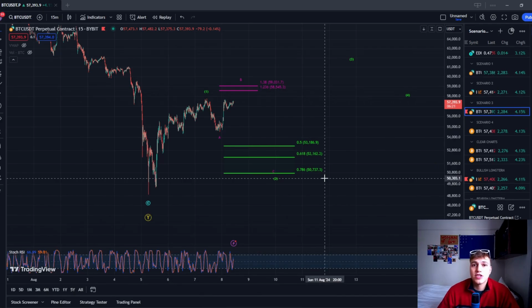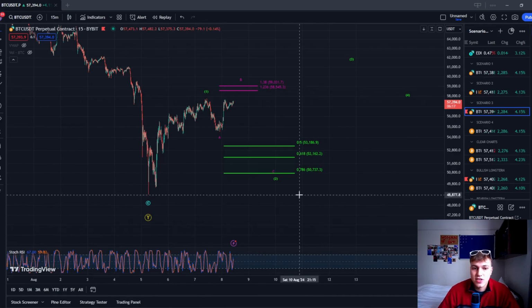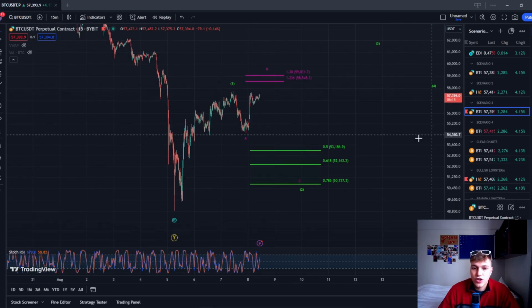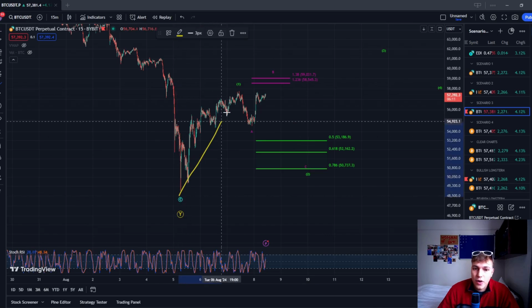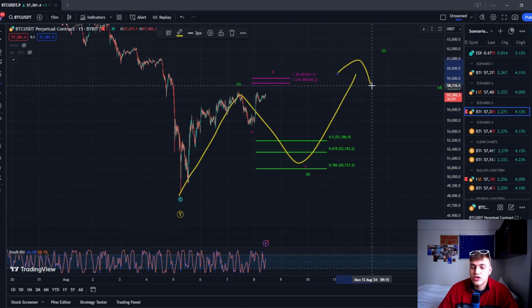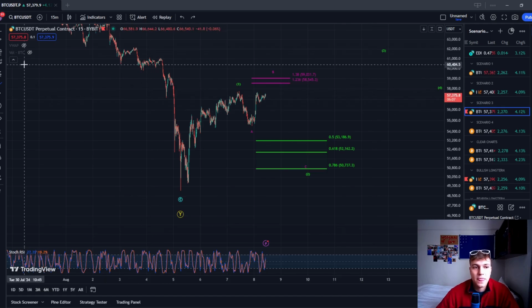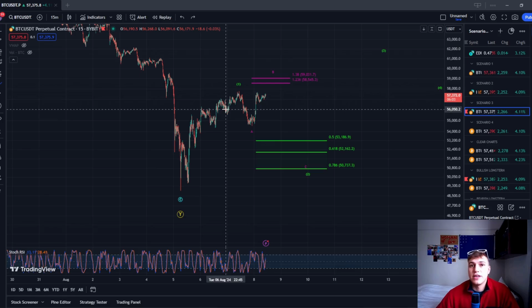Now, for trade possibilities in this price region, as we are on our main scenario here, our scenario 3 that we spoke about, we are now in this 1, 2, 3 to the upside. So, I'm going to start on the 15-minute time frame first and work to the higher time frames.